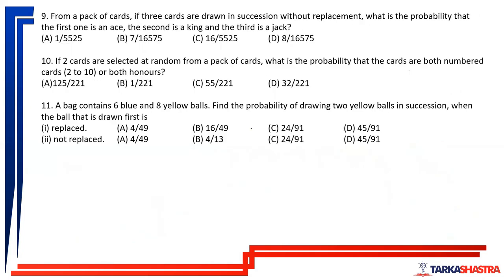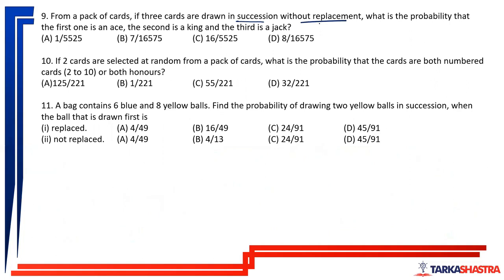Okay. 9th question. From a pack of cards, if 3 cards are drawn in succession without replacement, what is the probability that the first one is an ace, the second is a king, and third is a jack? Very easy. They are drawn in succession without replacement. So the first card is drawn, seen, and thrown away, not put back.